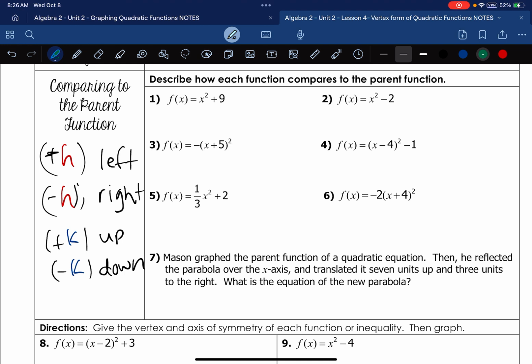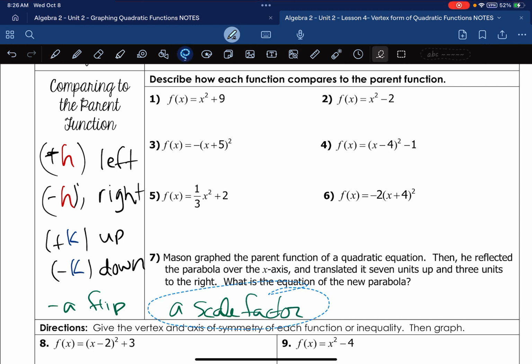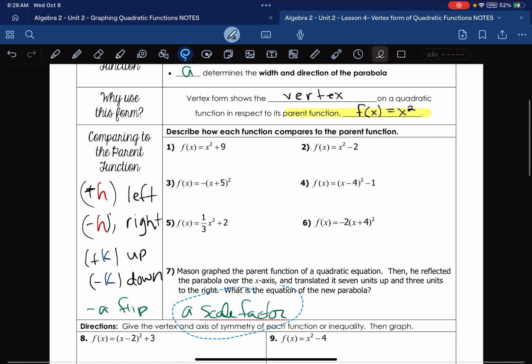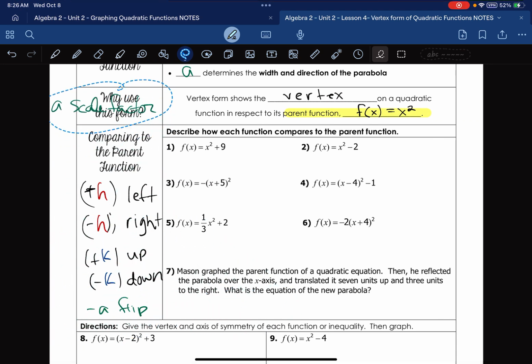So a negative a is going to flip it. And a is the scale factor. So these are all things to remember from when we did transformations. We've used these transformations before on linear functions. I'm going to leave it there for now.